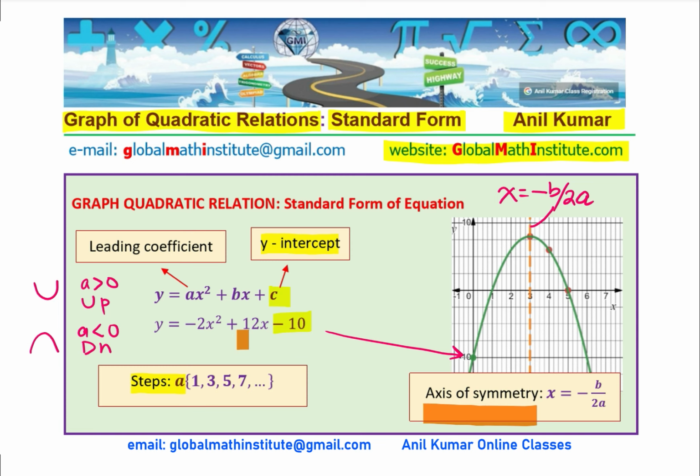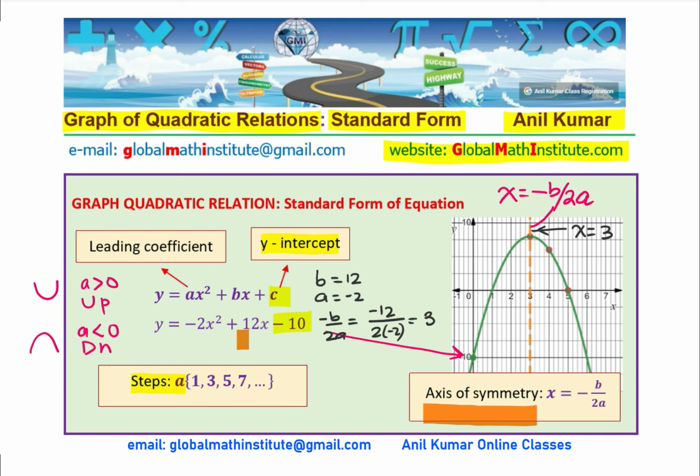Now let's calculate for the given equation. In the given equation, minus 2x squared plus 12x minus 10, the value of b is 12 and a is minus 2. So what is minus b by 2a? Let's calculate. Minus 12 by 2 times minus 2, which is minus 12 by minus 4, or 3. So we see here that the axis of symmetry in the graph is indeed x equals 3.